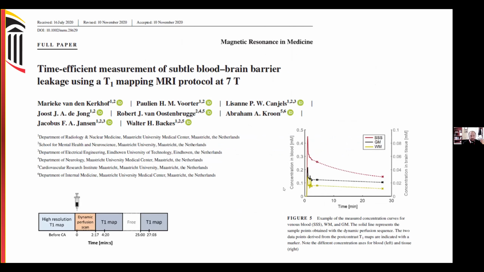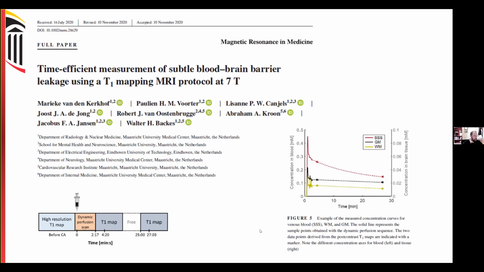Another group in the Netherlands has also taken a look at a similar kind of concept using the MP2RAGE sequence and creating these T1 maps. They've actually acquired a couple of different T1 maps over the course of the imaging sequence and used those to create these concentration curves, or you can even say permeability curves over time, from an early T1 map acquisition after contrast compared to a late T1 map acquisition with contrast.